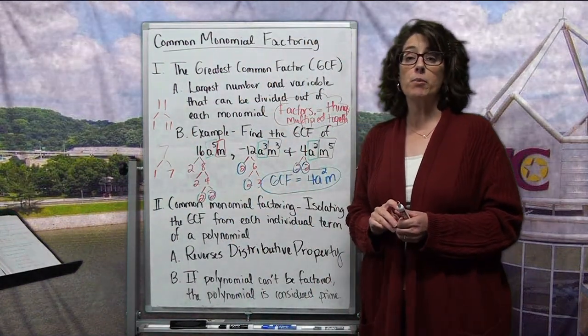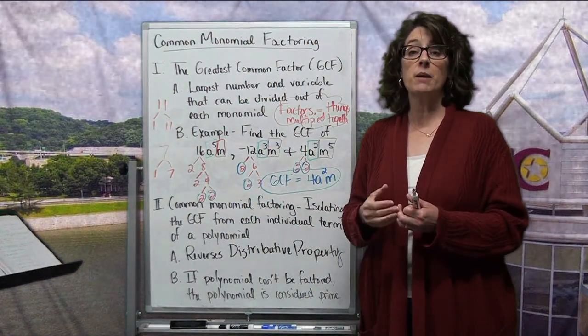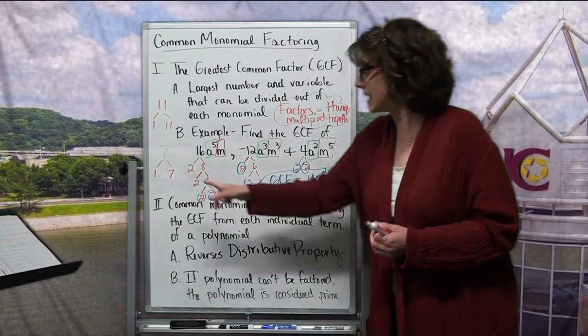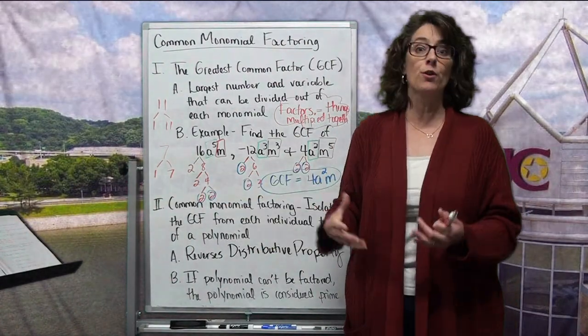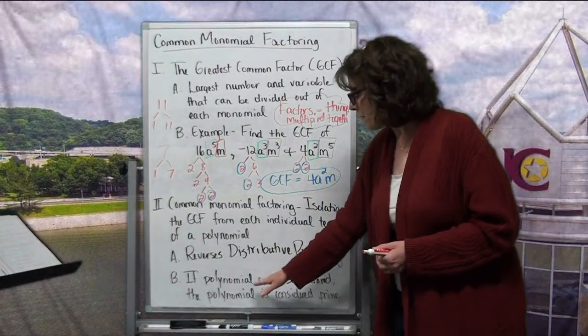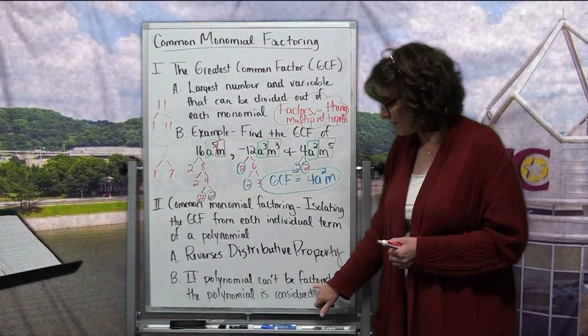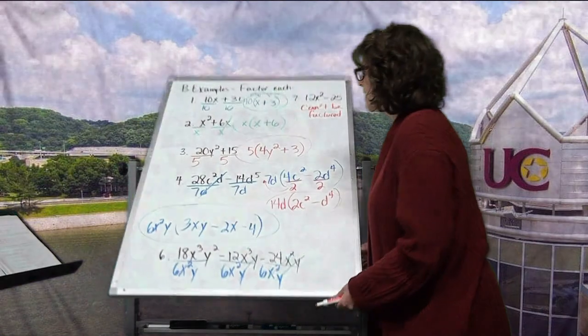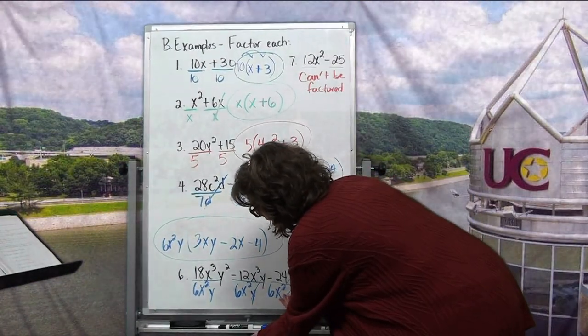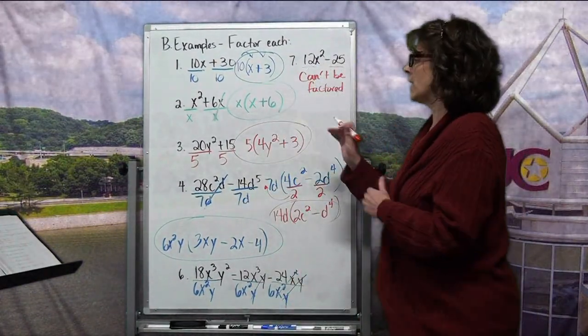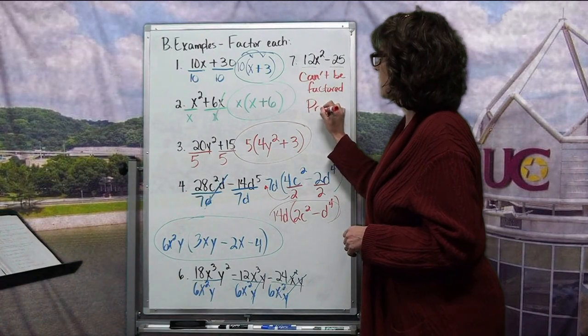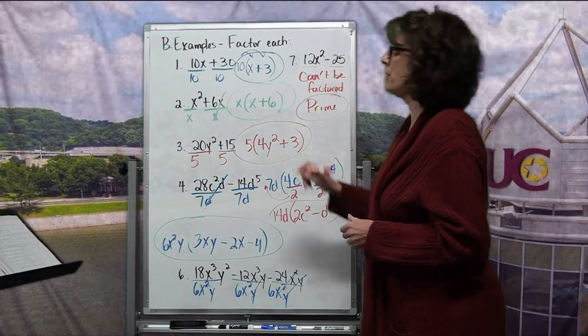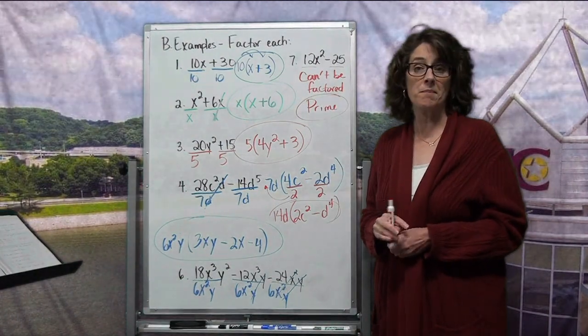So prime numbers can only be divided by 1 and itself. In other words, they can't factor into these beautiful factor trees. Same thing with polynomials. If they cannot be factored, then we simply say that they are prime. So certainly I can say right here that the polynomial can't be factored, but a much nicer, more technical, beautiful mathematical way to say it is just call it prime.